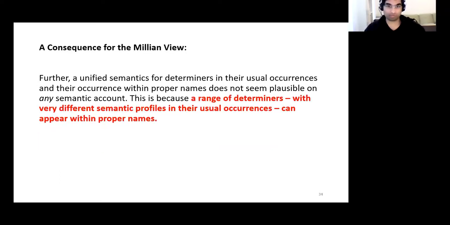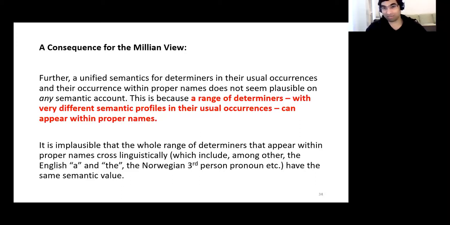Further, it can be argued that a unified semantics for determiners in their usual occurrences and their occurrences within proper names is not plausible on any semantic account. This is because a range of determiners with very different semantic profiles in their usual occurrences can appear within proper names. Some examples include the indefinite article 'a' and the definite article 'the', both of which can appear within complex proper names.